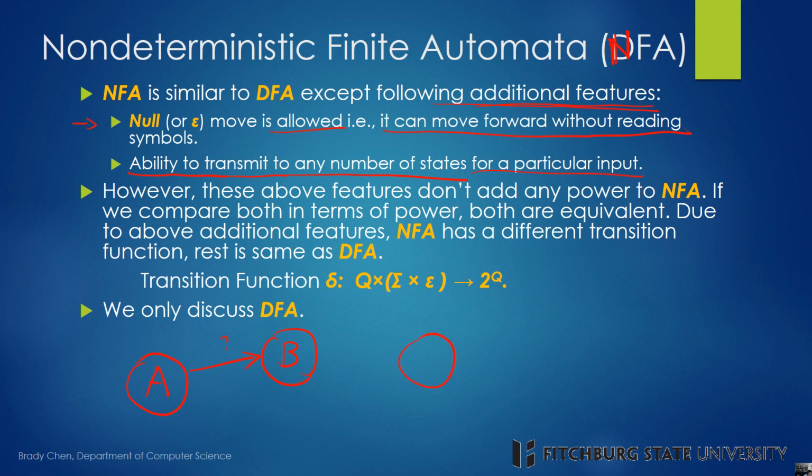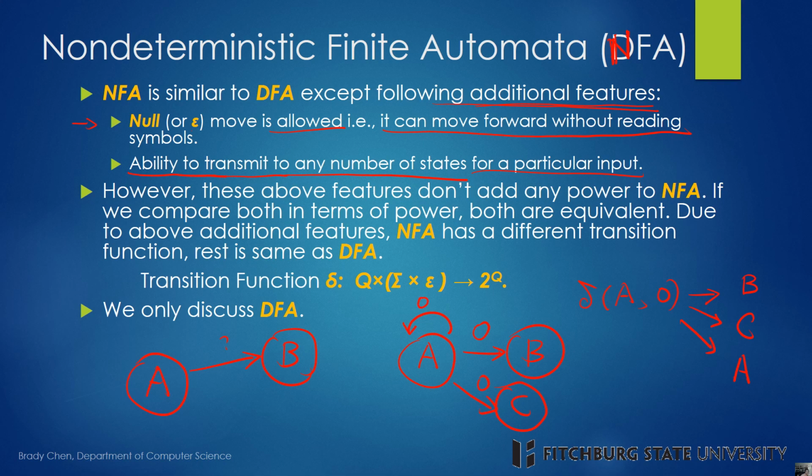So that means if the current state is A, now if the input is 0, then it can move to B, or it can move to C. Or it can even move back to A. That's kind of weird, right?